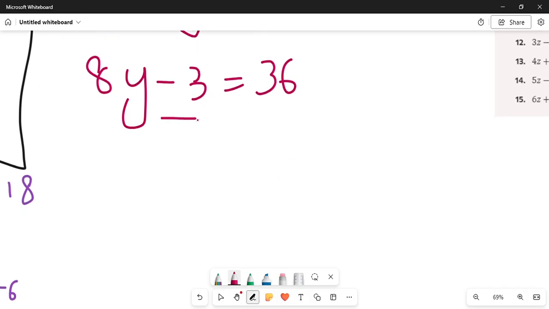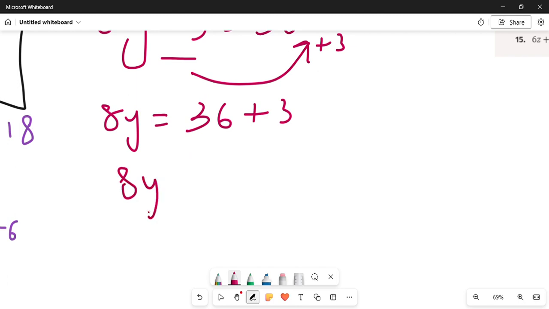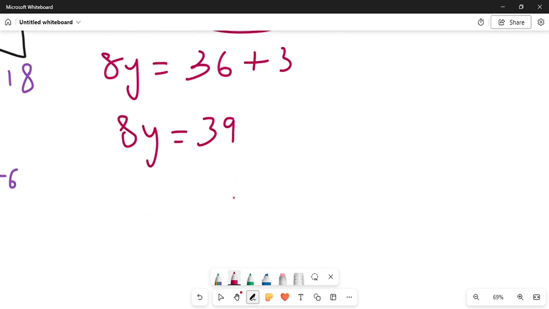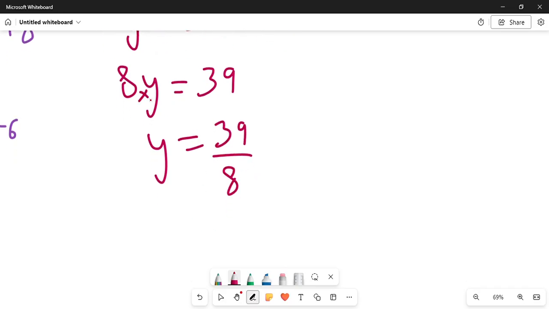We don't need this minus 3 here, so we will move it to the other side, and it will be positive on the other side, so 8y equals 36 plus 3, and 8y equals 39. So y equals 39 divided by 8, because it has been multiplied here. When it moves to the other side of the equation, it will be divided.